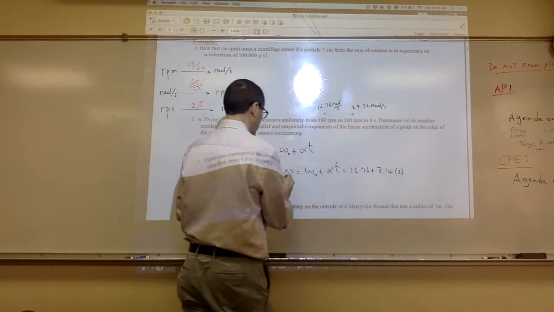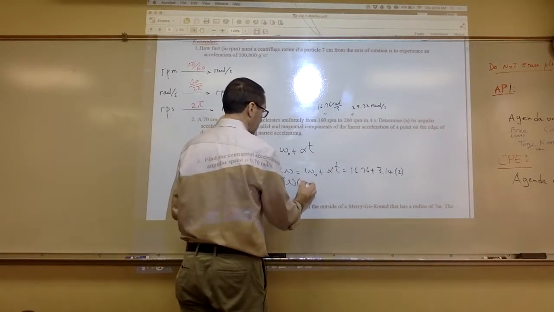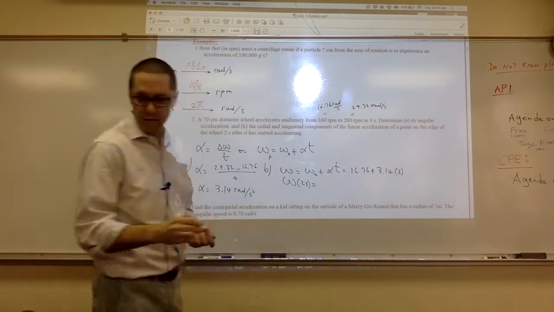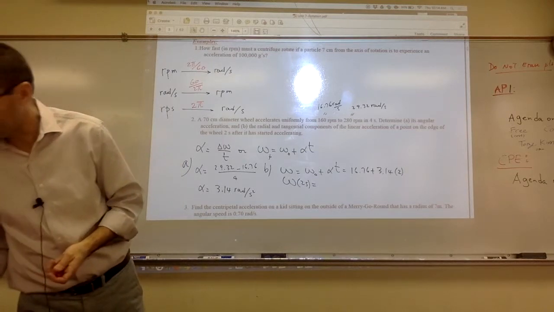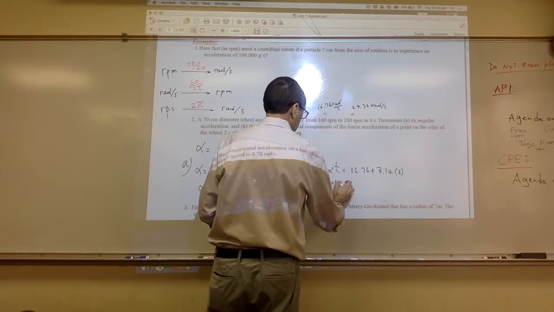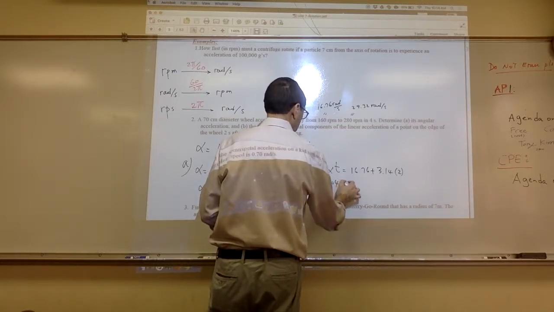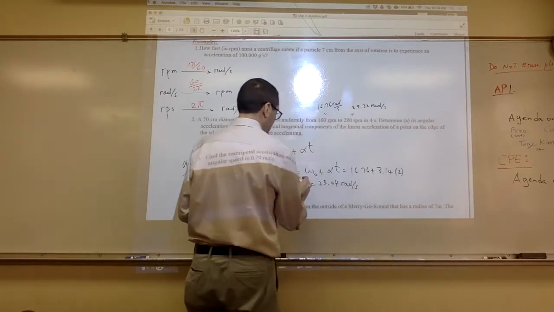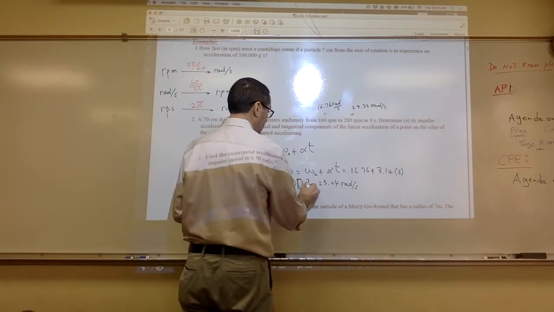So that omega at 2 seconds equals 23.04 radians per second. This is not a multiplication, this is just saying at 2 seconds.